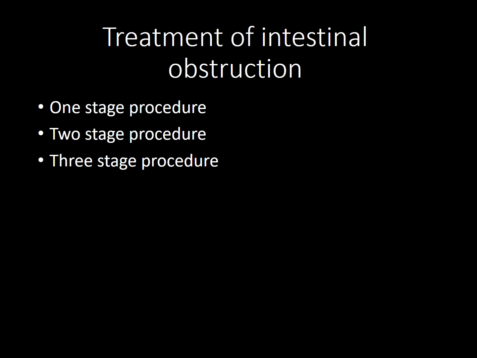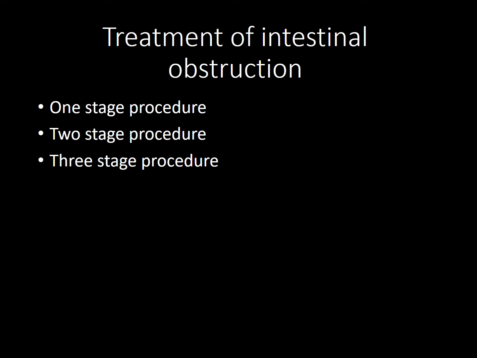One-stage procedure means that if the patient is in the hospital on the waiting list for treatment of the cancer of the colon, and then he develops intestinal obstruction while in the hospital, we can do an emergent colectomy with direct anastomosis.